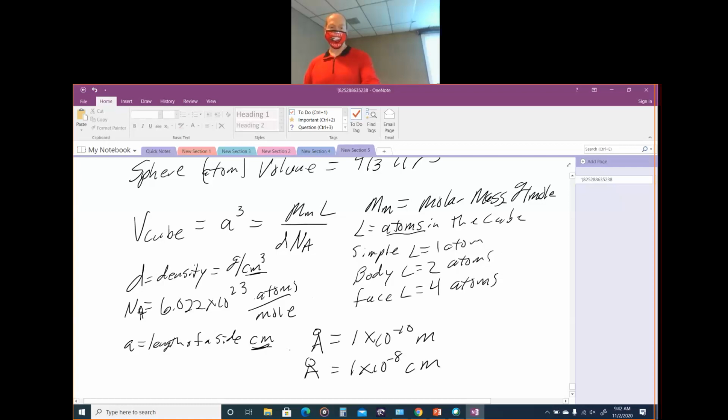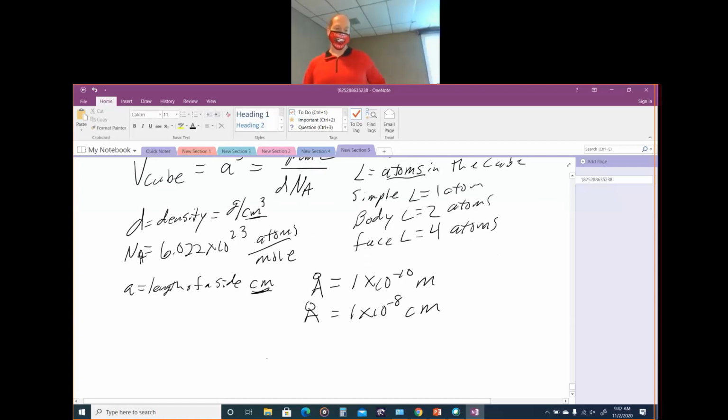All right, so when you're given a question and it says that A is equal to 3.152 angstroms, you should immediately change that to A is equal to 3.152 times 10 to the minus 8 centimeters. So you want to convert your angstroms into centimeters.